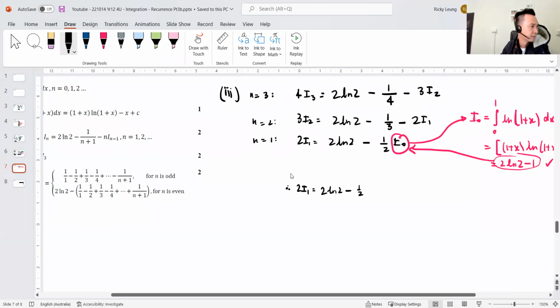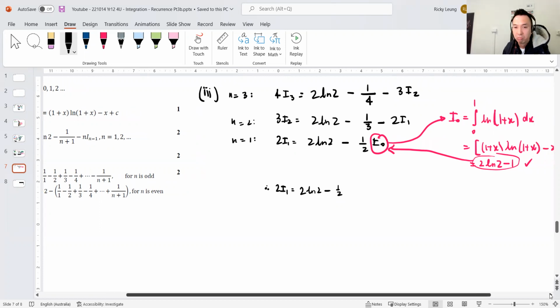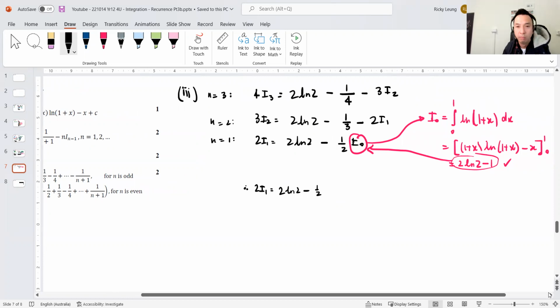Half? Is that right? Let me just check that. Sorry, bear with me. I have a feeling, oh, it's not multiplicative, it's minusing. So just be careful there. I did a silly mistake.